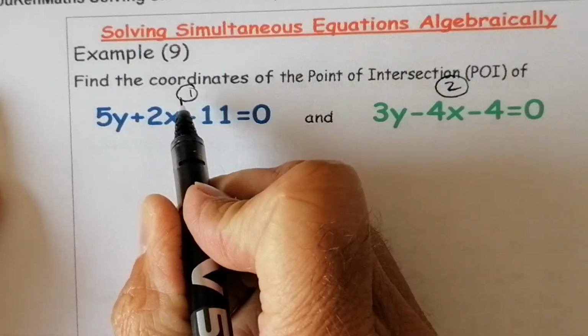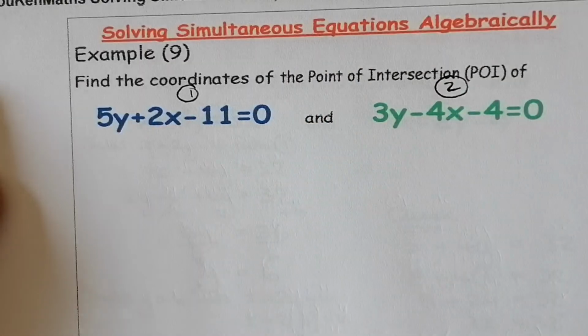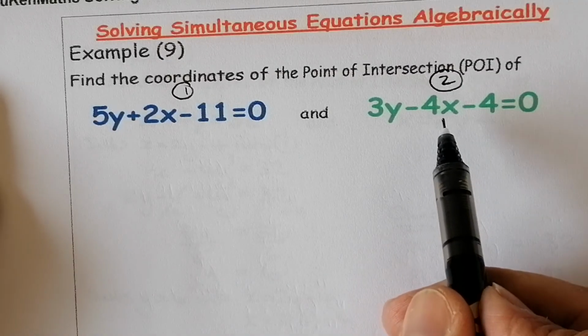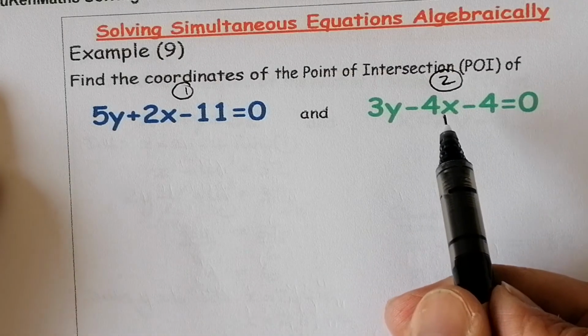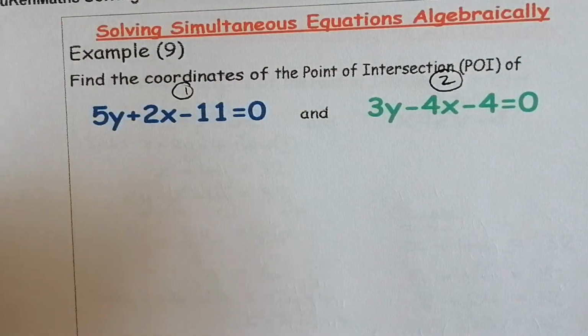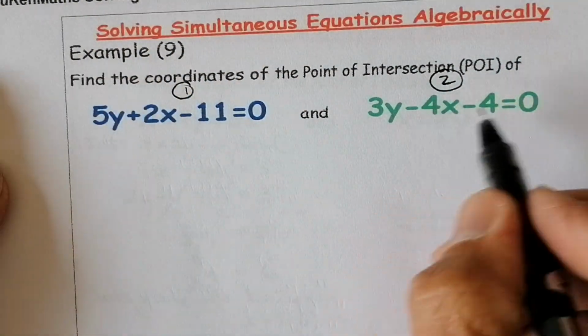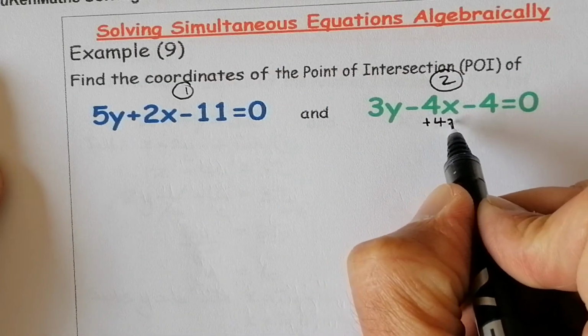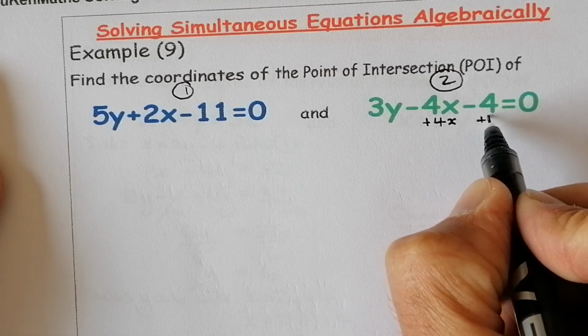So there's my first equation, and there's my second equation. What I'm going to do is write this equation in terms of y is equal to. Okay, so I'll do it that way and we'll see how things work out. First thing I want to do is add on 4x to that side, and I want to add on 4 to this side.